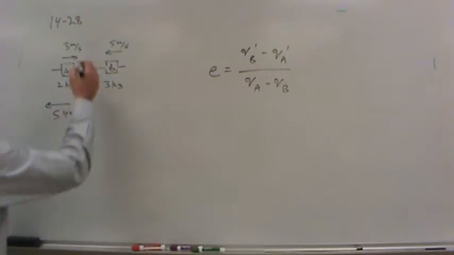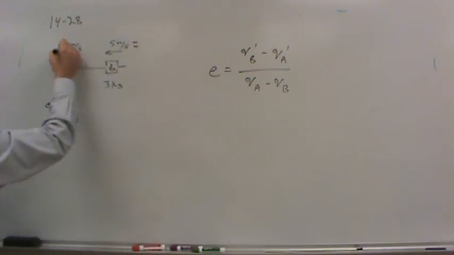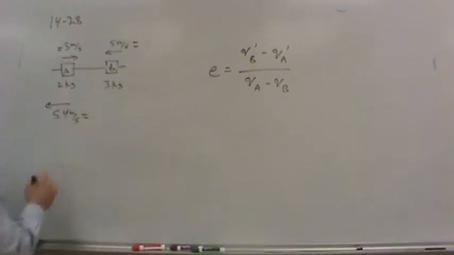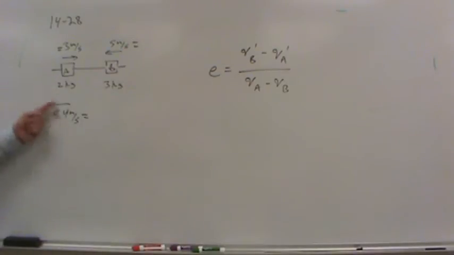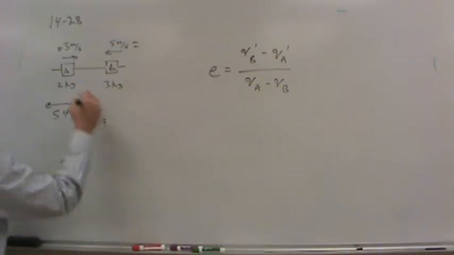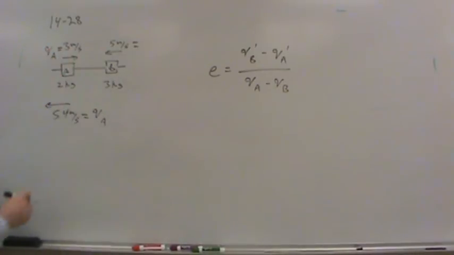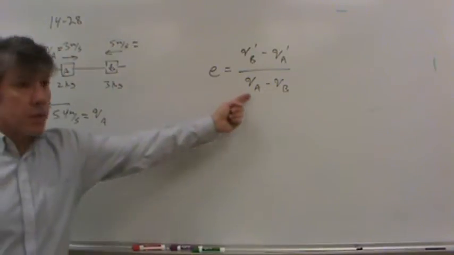So you tell me, which ones of these numbers that we've been given, these velocities, are which symbols? Obviously these are going to be velocities of A. But which one is before and which one's after? That's before. So it's this one.